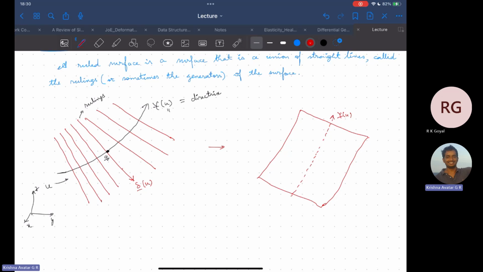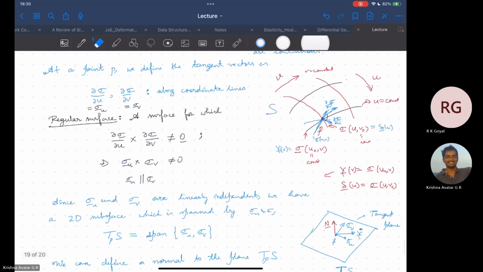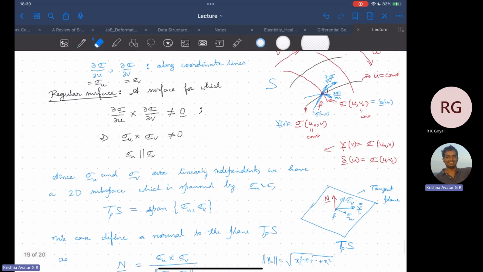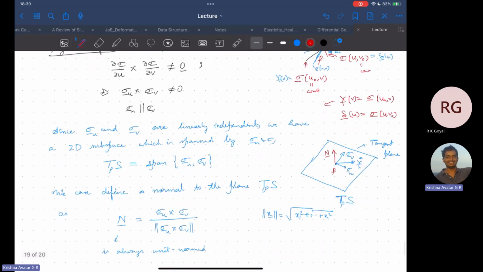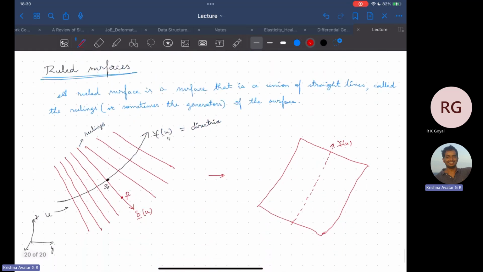And any point on this ruling is what we had just some time back learned. This point P is analogous to the point P that we had here. So it's a point on the surface. So we could make a connection between the general surface and the specific surface which we are looking at, called a ruled surface.